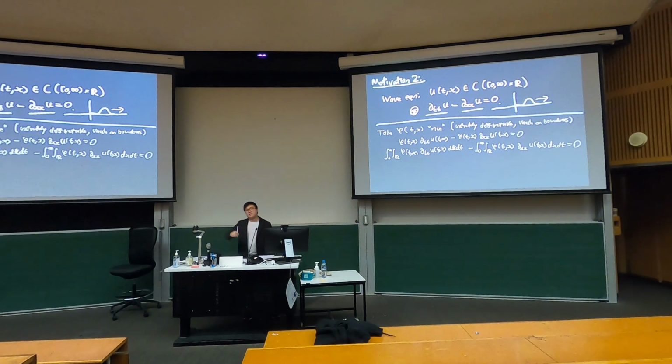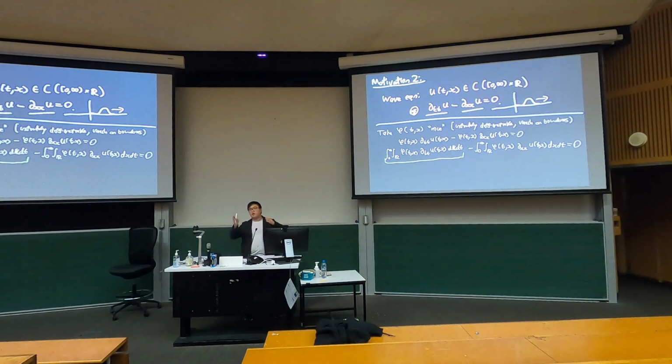Here, I've converted my differential equation into an integral equation that I want u to satisfy. Next, as a formal trick, if phi is really nice, I can do integration by parts on this.